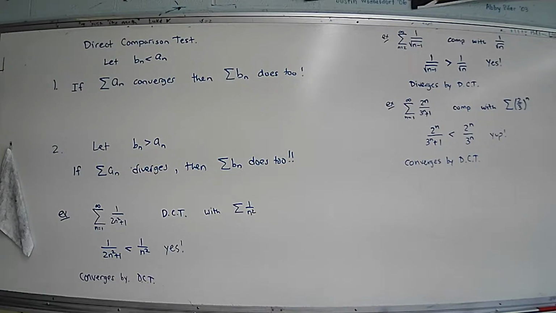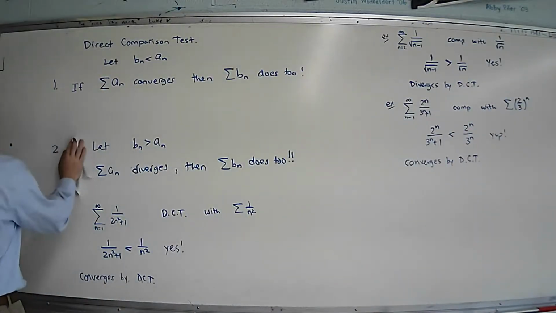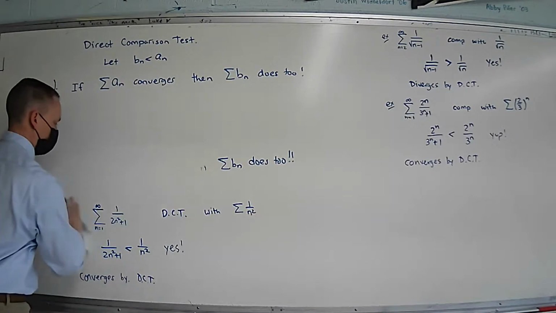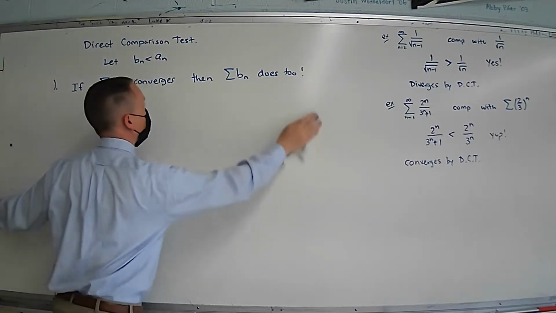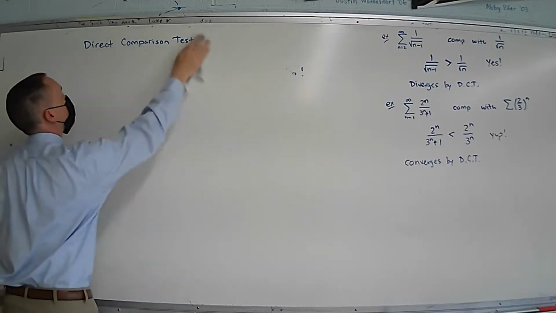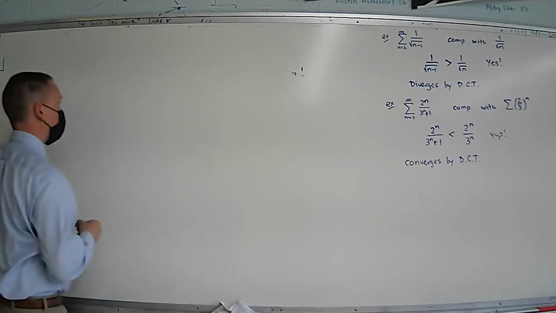So instead, we would use the limit comparison test and still use 2/3 to the n. The limit comparison test takes out of play the whole question of who's bigger, who's smaller. It doesn't matter. So that's a good transition. Let's learn that one, the limit comparison test.